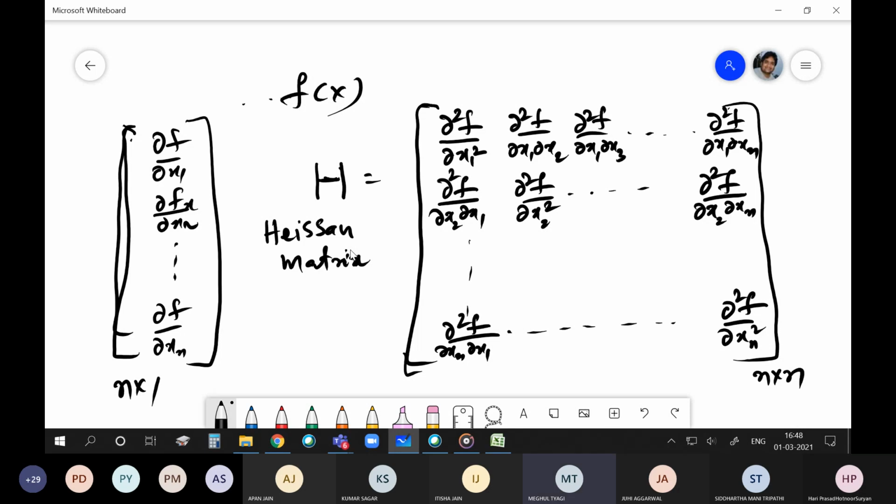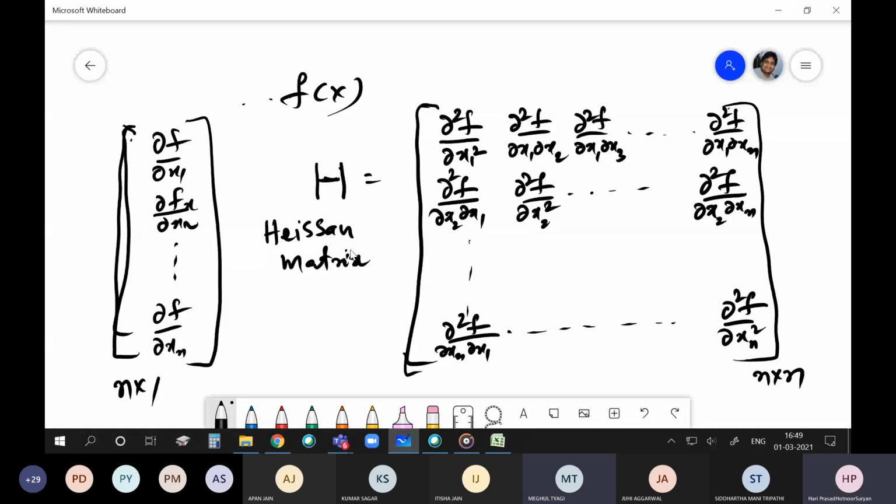Sir, I'm not sure, but I guess we'll find the value of this matrix, and if that is positive, then maybe we can comment on that. How can you find the value of a matrix?